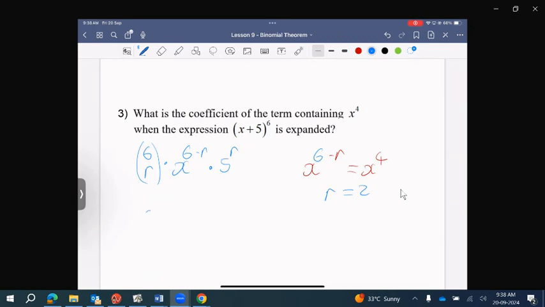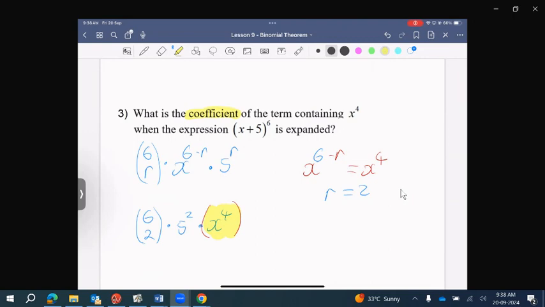So we need 6 choose 2, the combination number, times 5 to the 2 times x to the 4. Now, what we're after is the coefficient because of the way that the question is worded. The whole term would be what we've got here, but we're not going to need the x part of the term, because the question is asking for the coefficient. So the coefficient is going to be the combination number times 25.